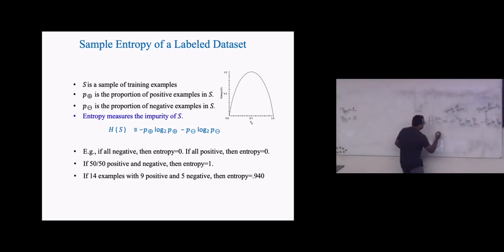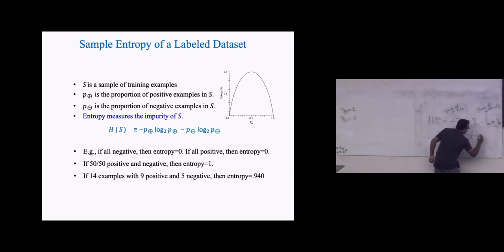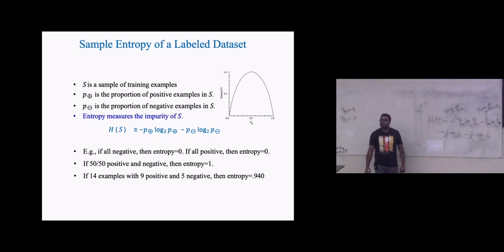So the entropy becomes minus half log base 2 of half, minus half log base 2 of half. And if you do the math, what will it turn out to be?